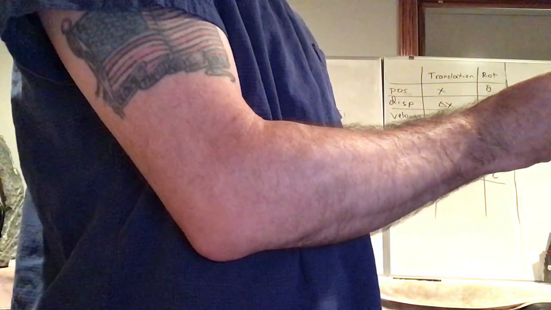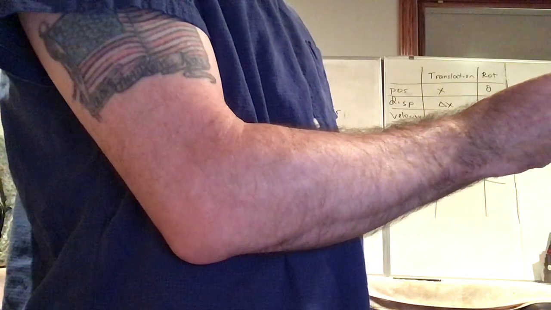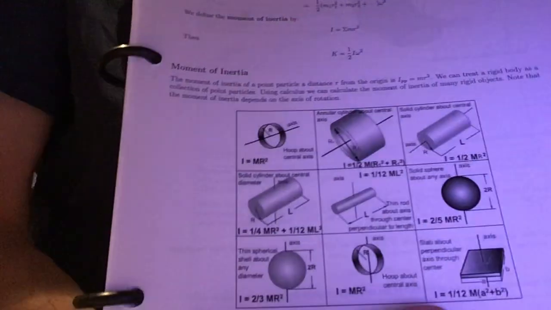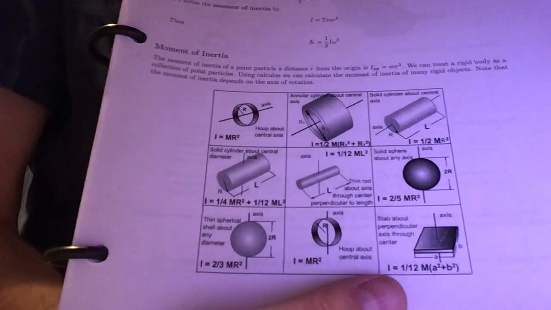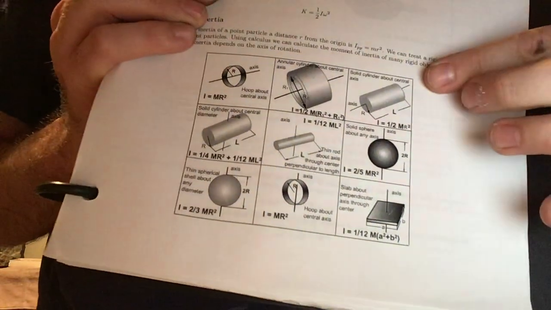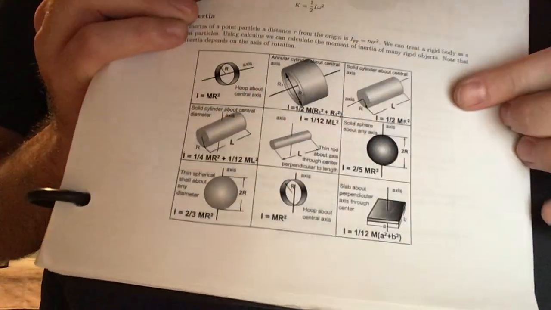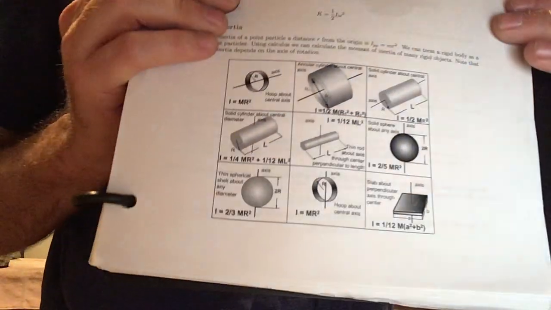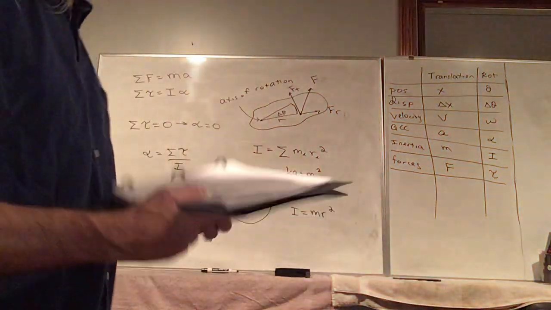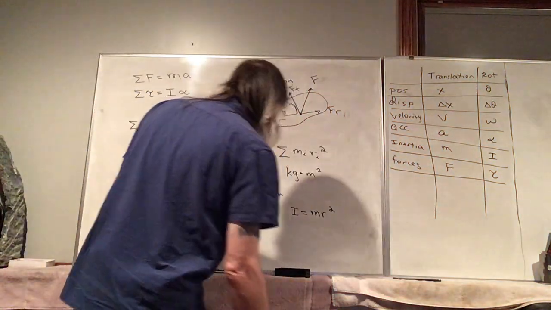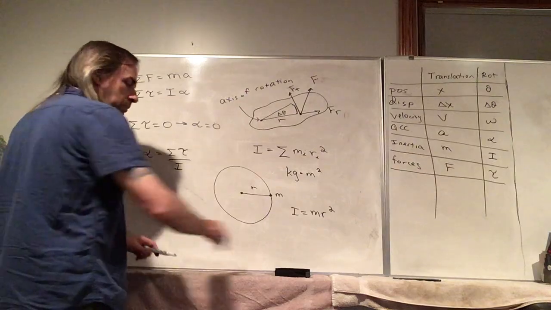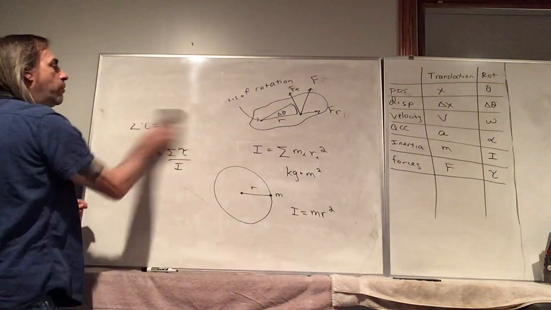Let me describe that: a thin rod about an axis through the center, perpendicular to its length. Or if you look at this example, you have a rod going parallel to its length. You definitely get different results. And actually, another thin rod example we could do.